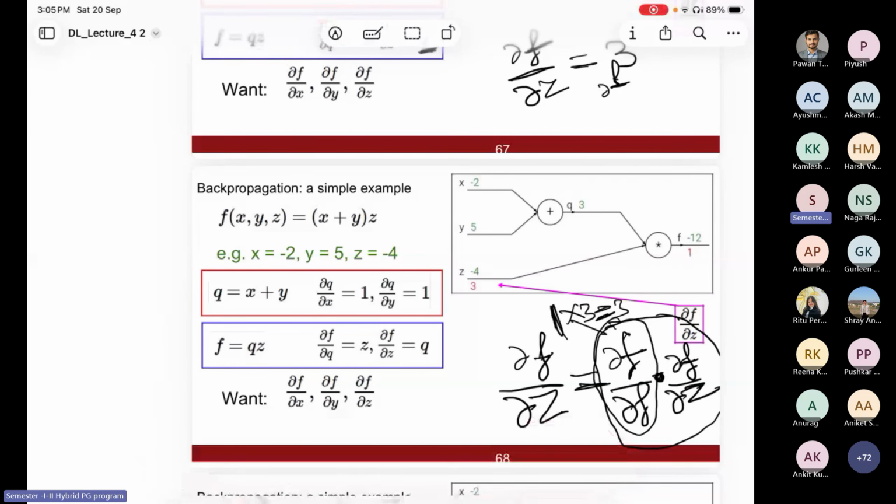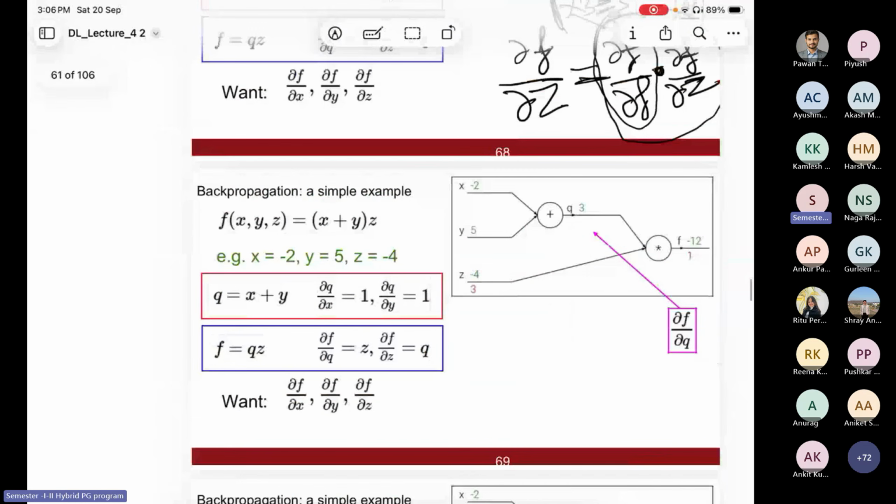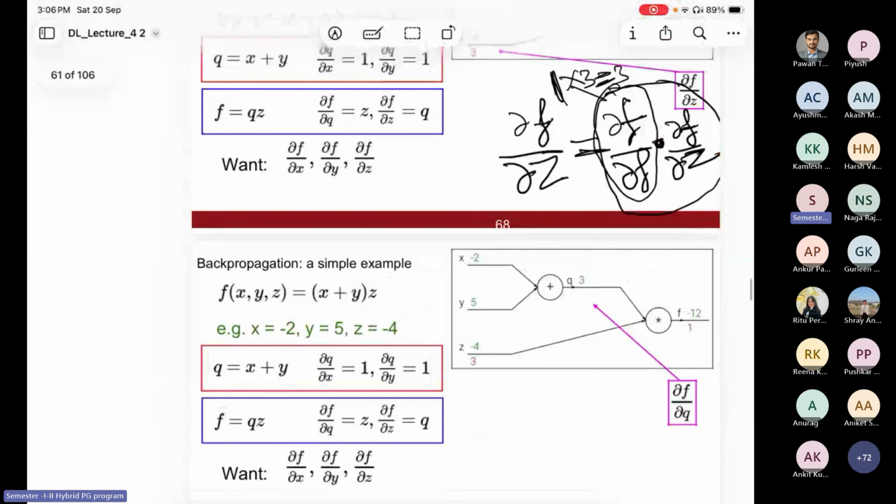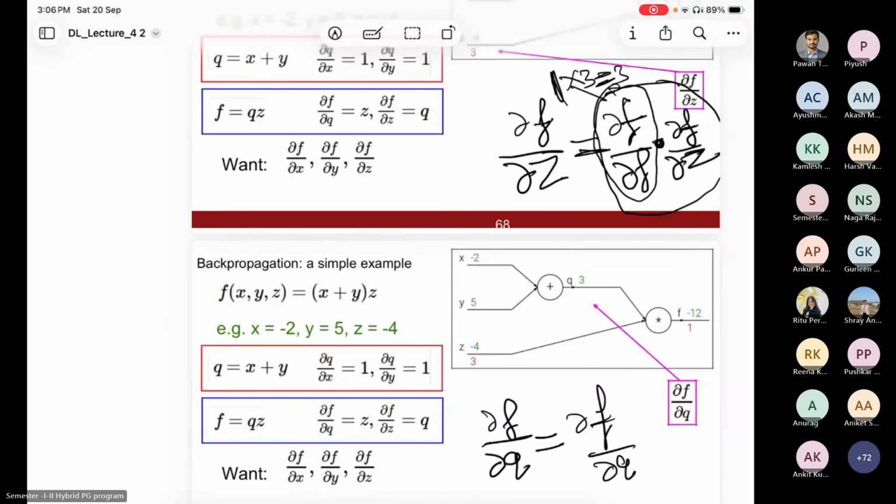Now let's go for the above part. Now let's find the del f by del q. So del f by del q is what? I can write del f by del q equal to del f by del f into del f by del q.